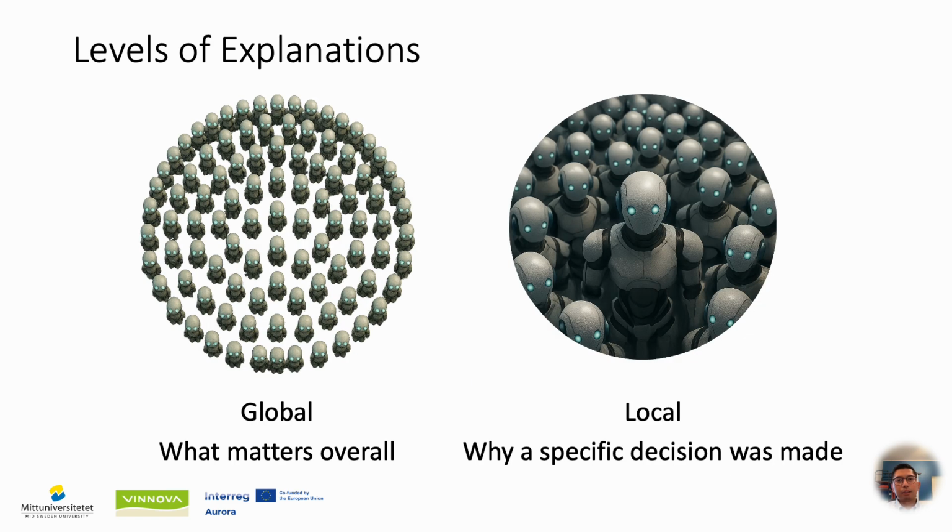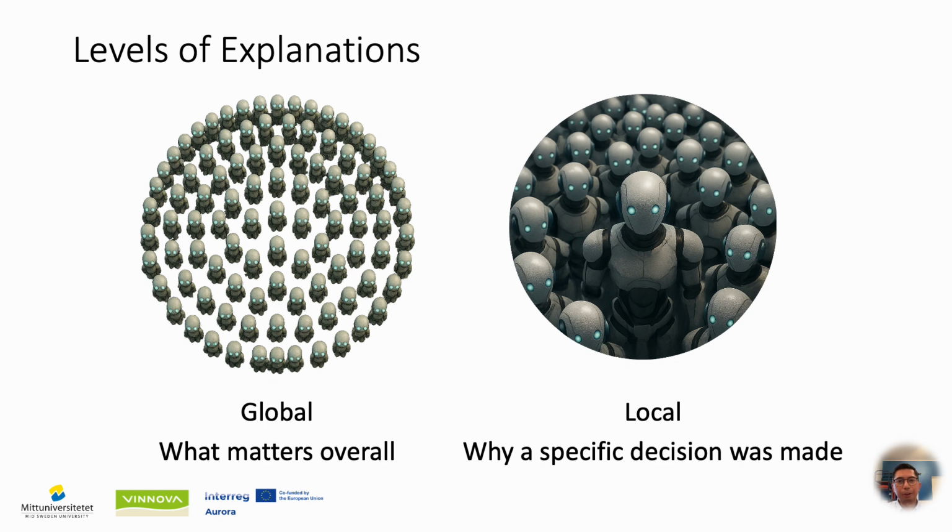This slide represents the two perspectives in Explainable AI. On the left, we see the crowd, the global behavior of the model across all data. This is like asking what patterns generally drive predictions. On the right, we zoom in on the individual. One specific prediction for one specific instance.